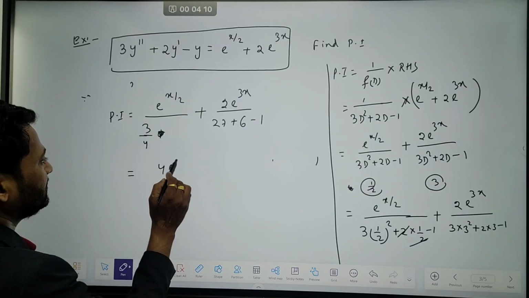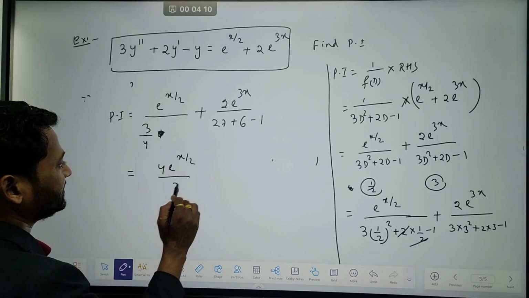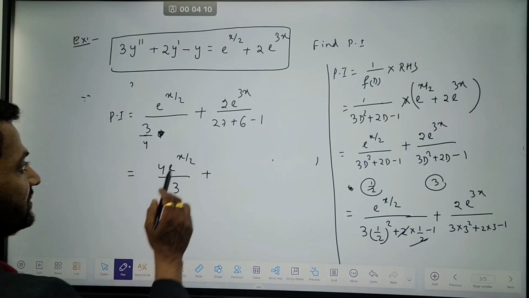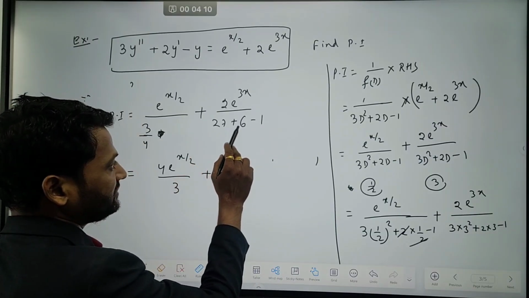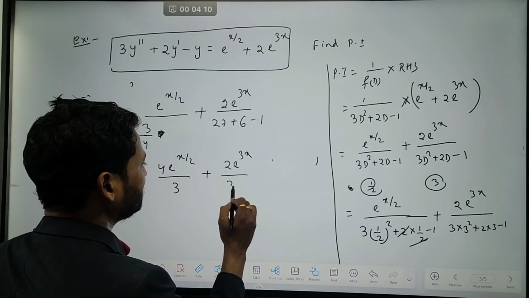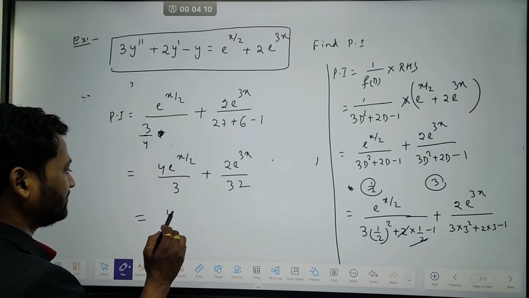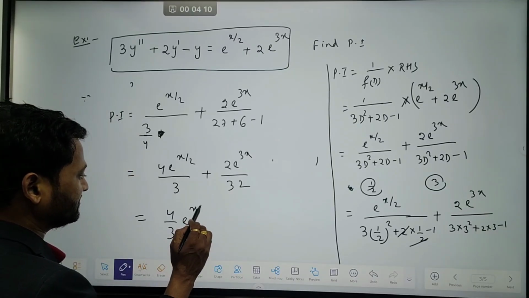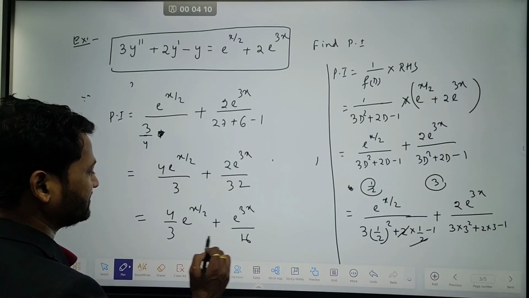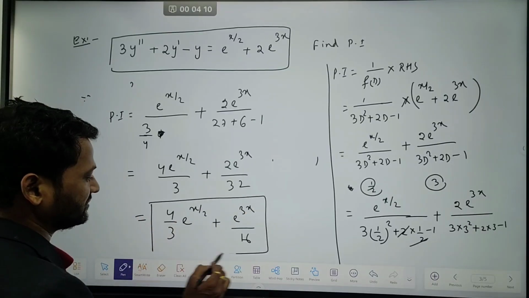So 4 into e to the power x by 2 by 3, plus 27 plus 6, 33 minus 1, 32. So 2 into e to the power 3x by 32. So 4 by 3 e to the power x by 2 plus e to the power 3x by 16. That is your final answer.